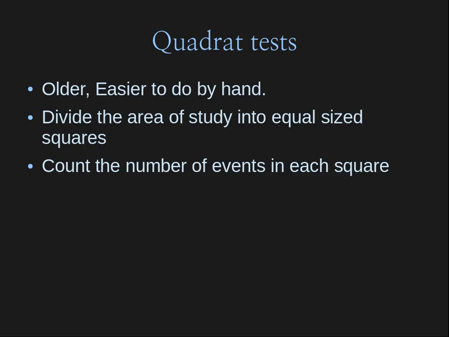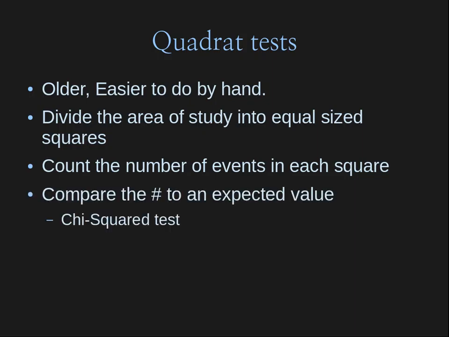Once we have a number of quadrats and how many points occur in each of those, we can do some fairly simple analyses on these. For instance, we can simply compare the number that are occurring in each quadrat to an expected value. And when we do that, we can do something simple like a chi-squared test.